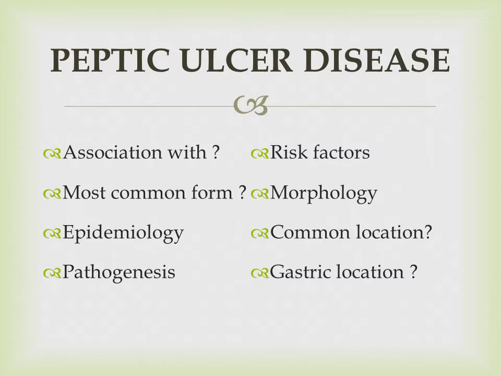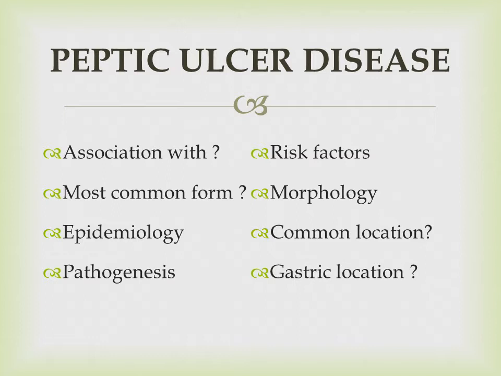Talking about other risk factors of peptic ulcer disease, we have chronic obstructive pulmonary disease like COPD, which can decrease the blood flow to the GIT, causing hypoxemia of the mucosal epithelial surface, leading to ulceration. Similarly, various drugs, for example cocaine and NSAIDs, are very important.